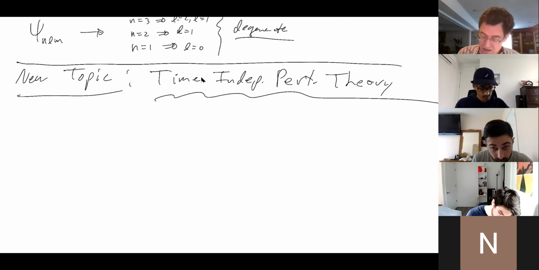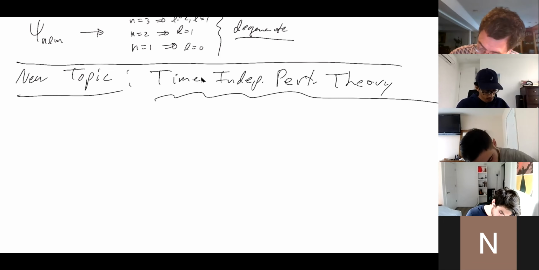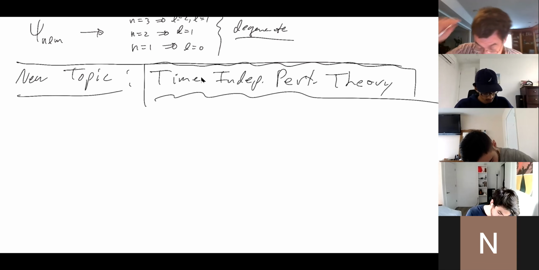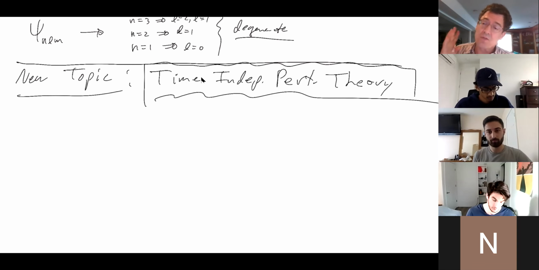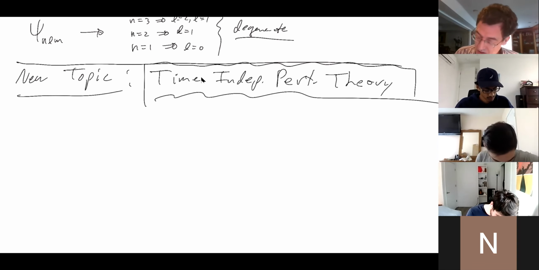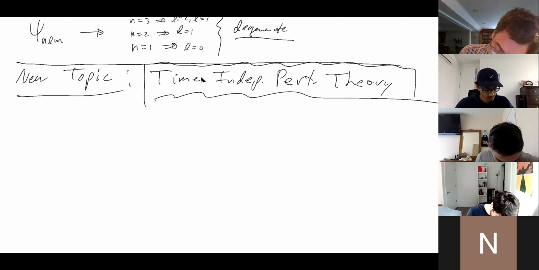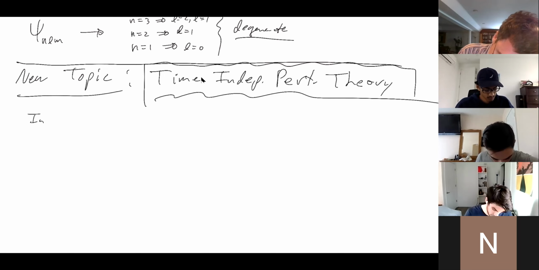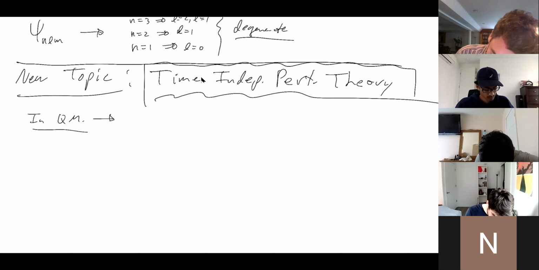The idea of perturbation theory is that it's really hard to solve quantum mechanics problems. There's not very many problems that we can really solve.